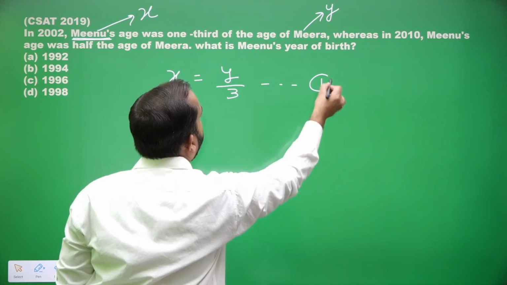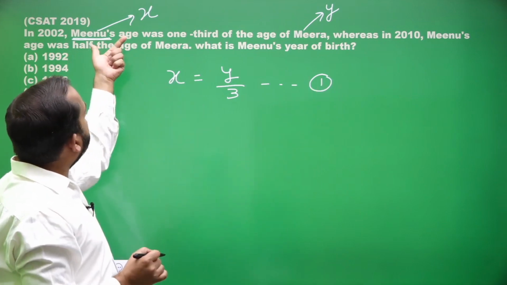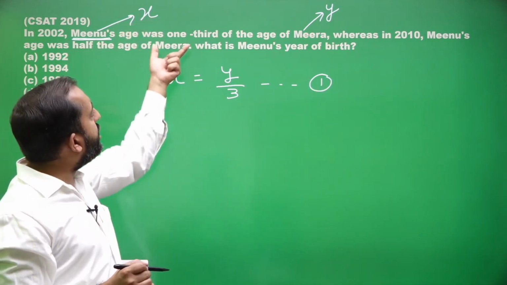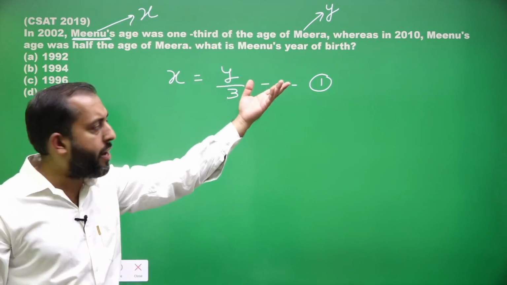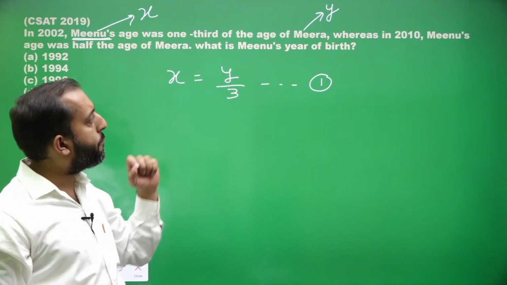This is your equation number 1, because Minu's age, which was X, is 1/3 of Mira's age, which was Y.